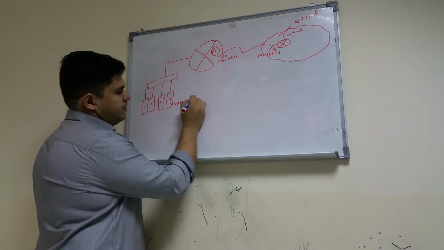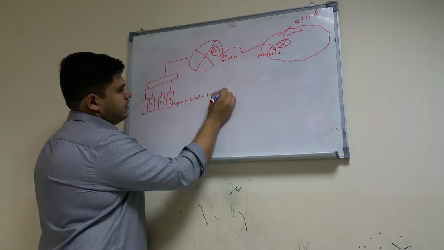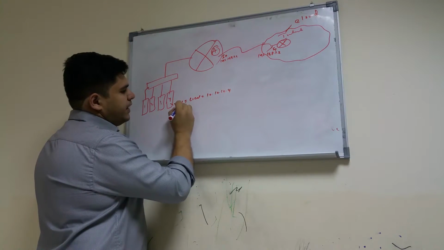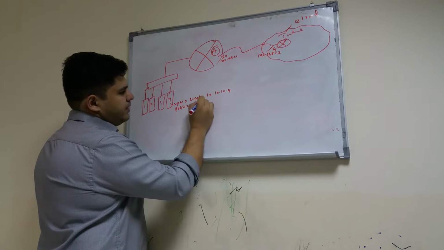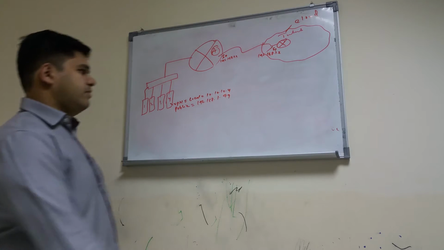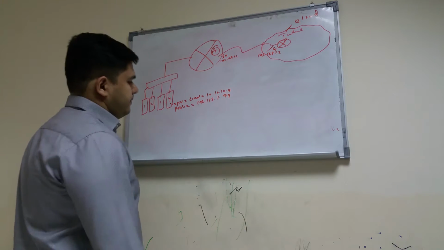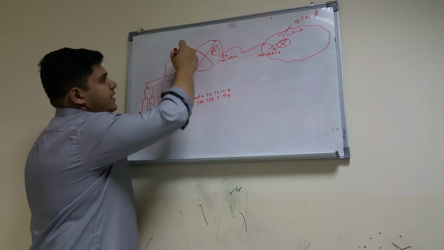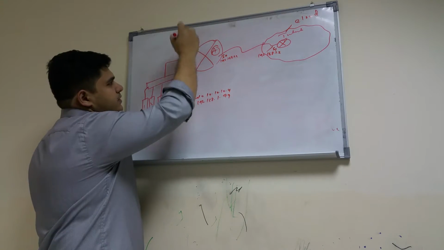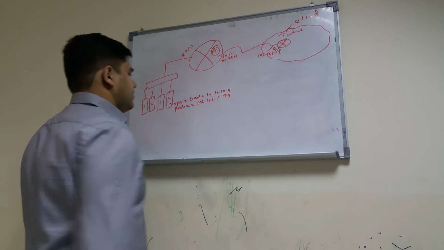The local or private IP is 10.10.10.4, and the public IP is, suppose, 192.168.1.99. This is the public IP which you purchased from the ISP, and it is the registered IP address for this server. And suppose this is Ethernet 0/0 and this is serial 0/1.